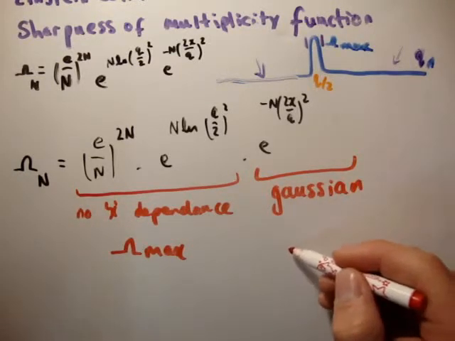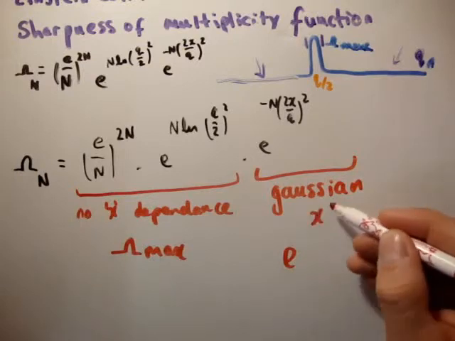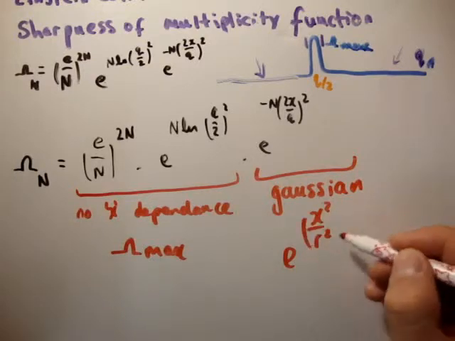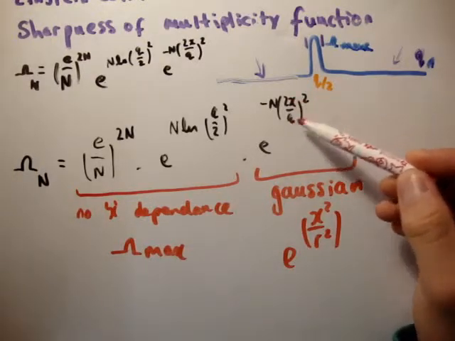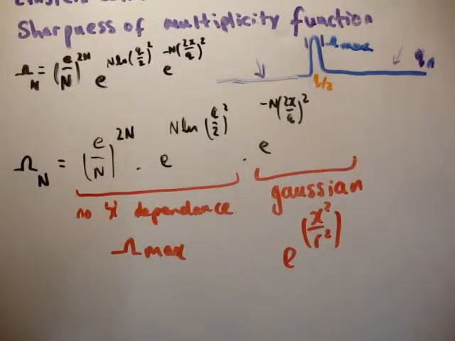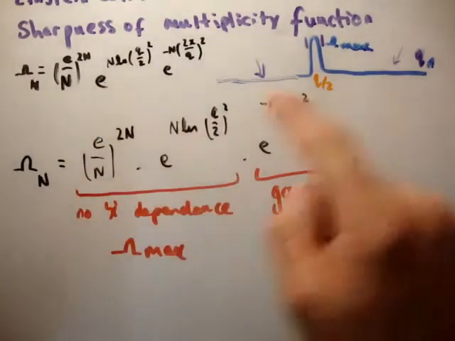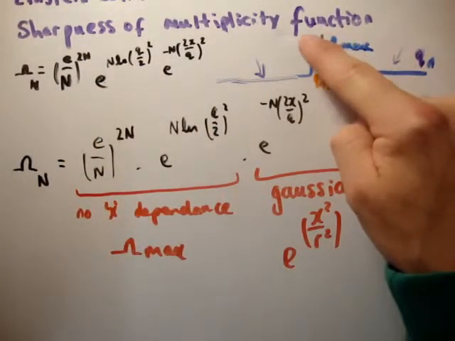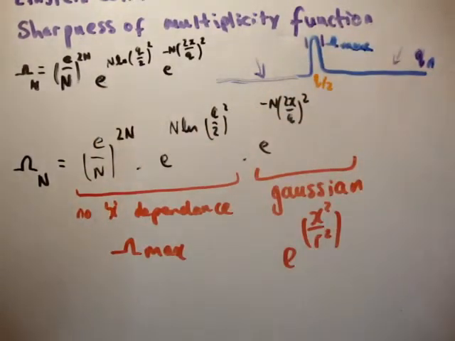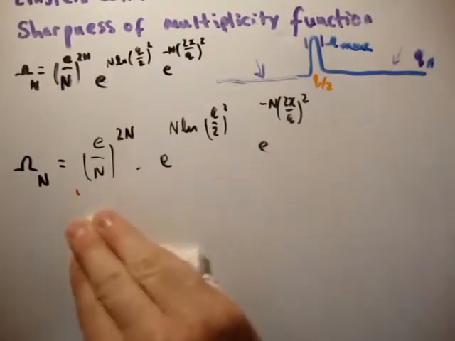And we know Gaussians are of the form e to the x squared over r squared. And that's exactly what we have here. So the point is, this is a maximum multiplicity up here, and then the Gaussian falls off either side of the maximum.